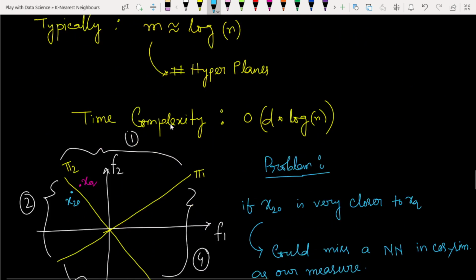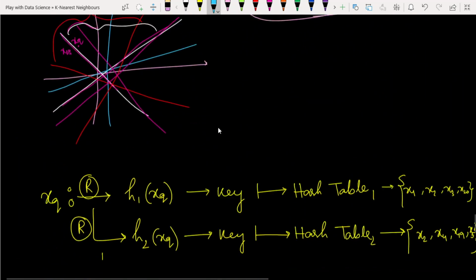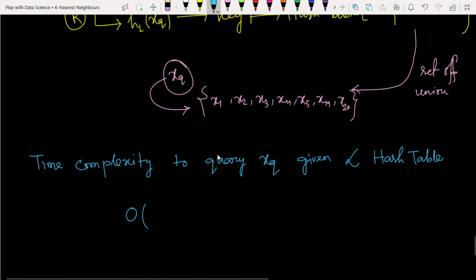So to calculate the L hash tables, how much time do we need?